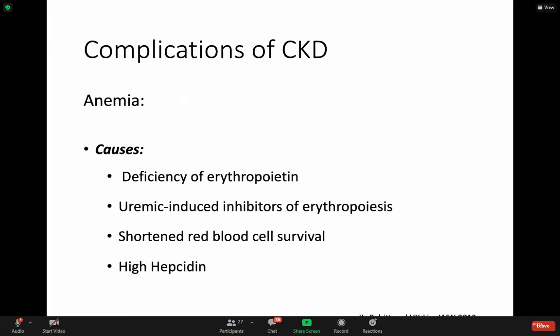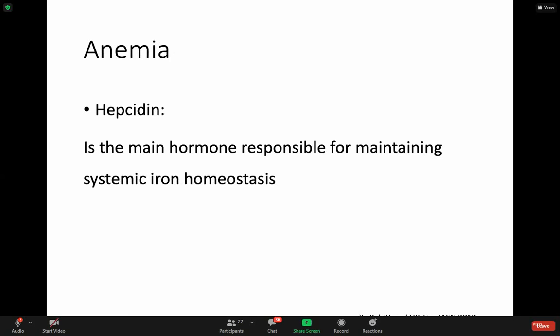Okay. High hepcidin. This is another factor why I have anemia in advanced kidney disease. What is hepcidin?